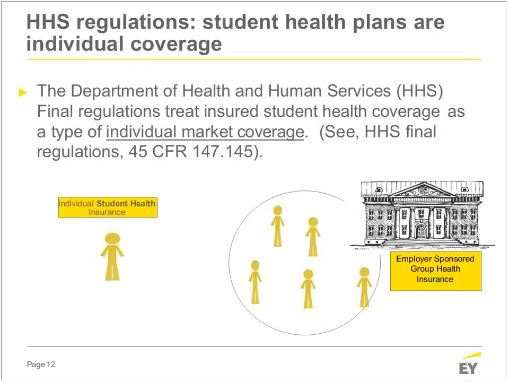And in order to ensure that students were able to meet the minimum essential coverage rules, those are the rules that help a student demonstrate that they have met their individual mandate requirements, HHS came out and said that they are going to treat student health coverage as a type of individual market coverage. So this is not group-sponsored coverage like what employees are offered.